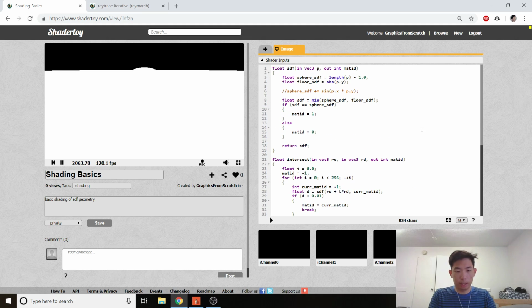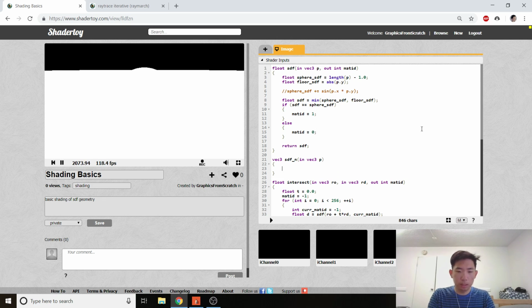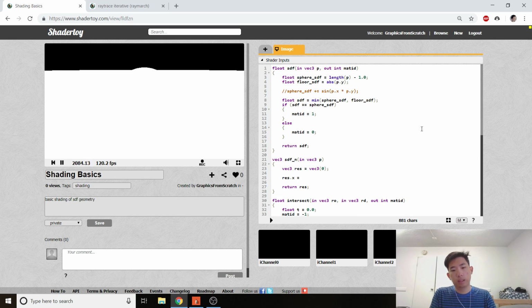So write a routine for that. It's going to be a vec3, right? So SDF underscore normal, denoting that we're taking the normal of SDF at a certain location, so it's going to be point P. Let's just say res, short for result. I'm going to return res. We're going to do this for each of its components. It's just going to do the approximation.